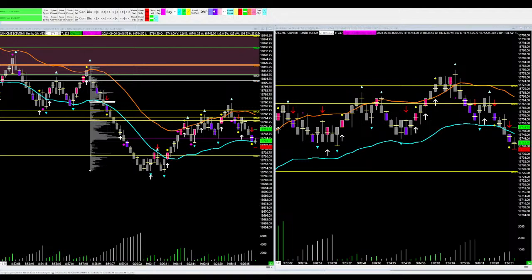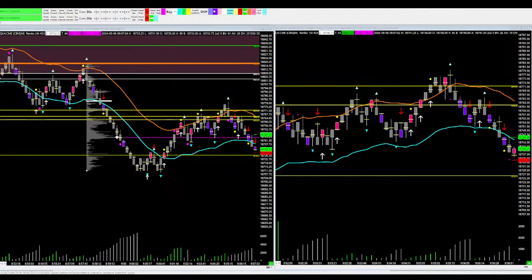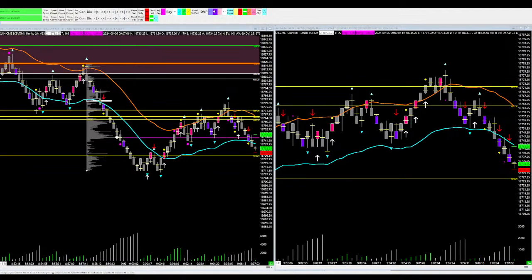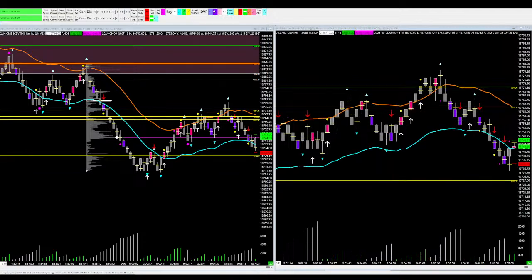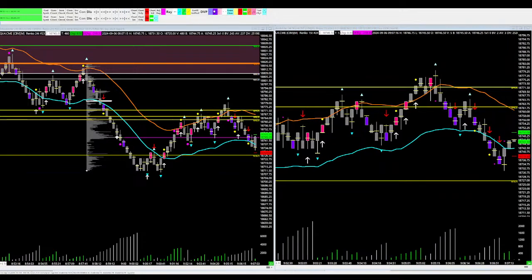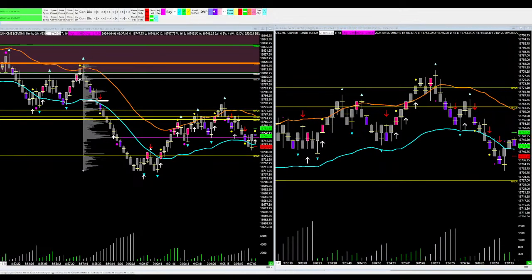My target is that yellow line, 72675. Scale half. And buy limit 30 for the balance. I missed so far, but that's all right.